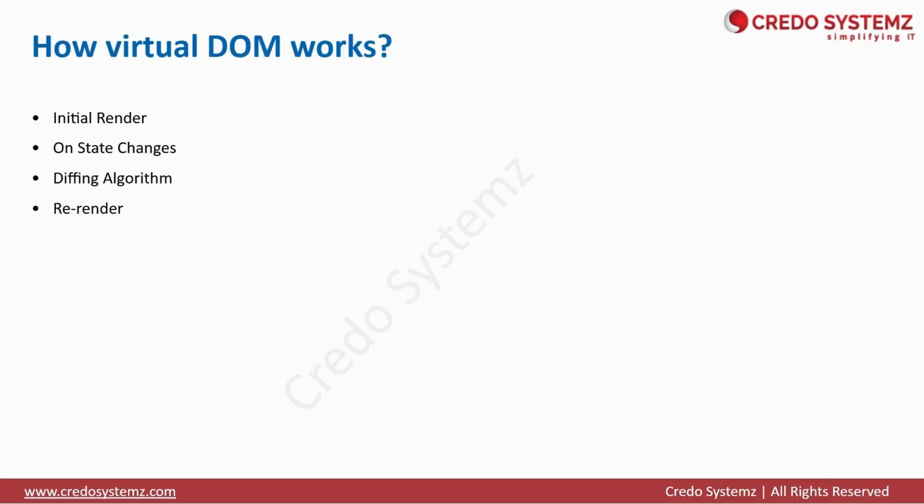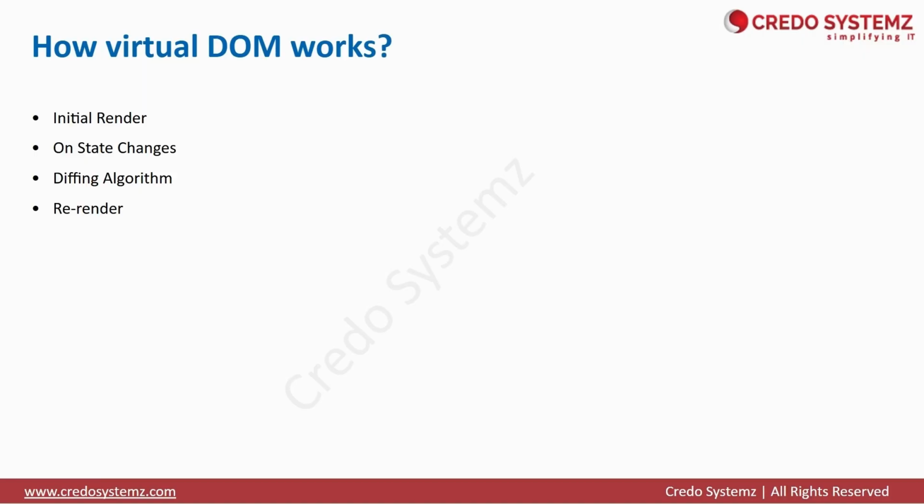Hope this is clear. Let me again explain how virtual DOM works. Virtual DOM gets created at the time of the initial render of the application. I mean, once the actual DOM is created for the initial render, it takes a copy. Now the virtual DOM is created. Whenever a change happens in the component state, the DOM is supposed to get modified. If that happens, the changes happen on the virtual DOM. Nothing actually happens in the actual DOM.